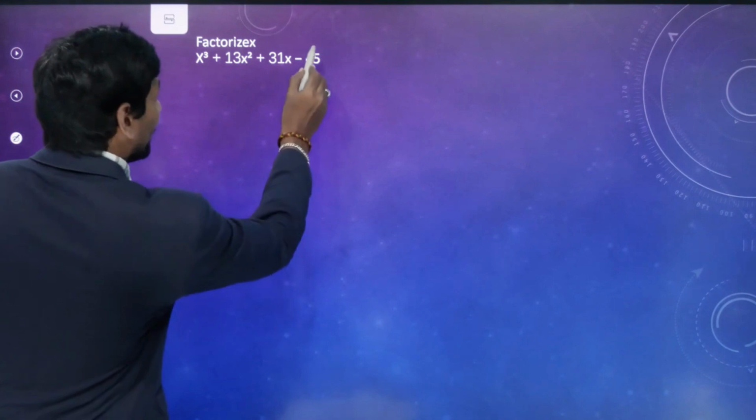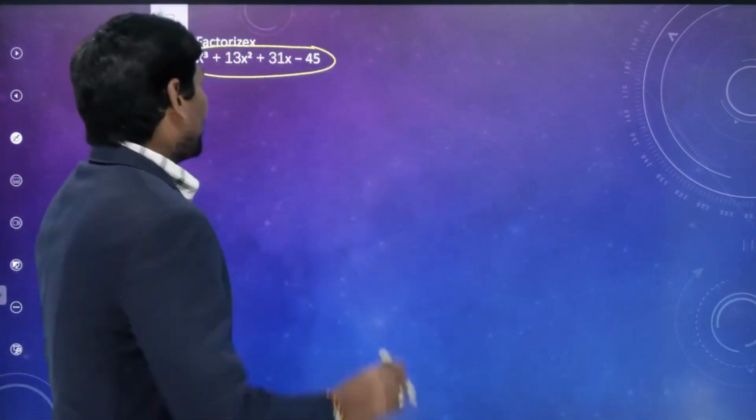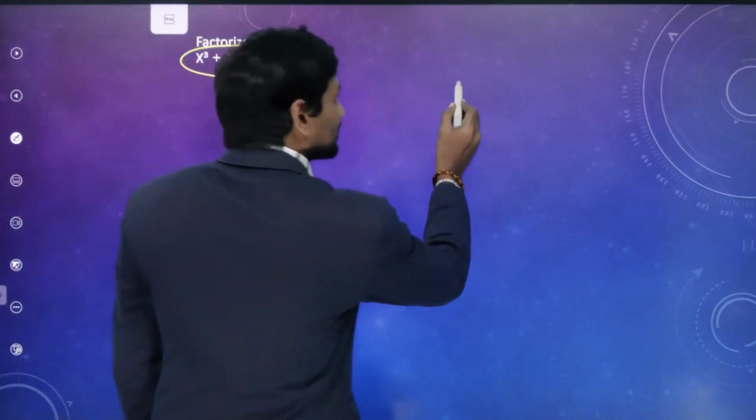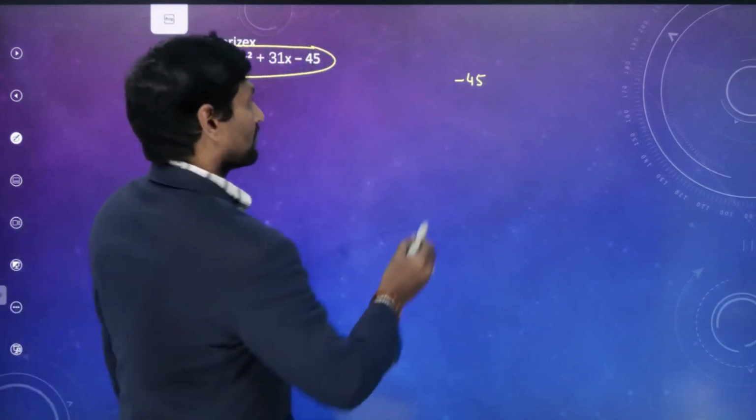Okay, so by using the factor theorem, let us identify the factors for this cubic polynomial. Here I am going to introduce synthetic division also. Before that, a cubic polynomial has a maximum of 3 roots, and we need to identify any one root by taking the factors of the constant term. What is the constant term here? 45.